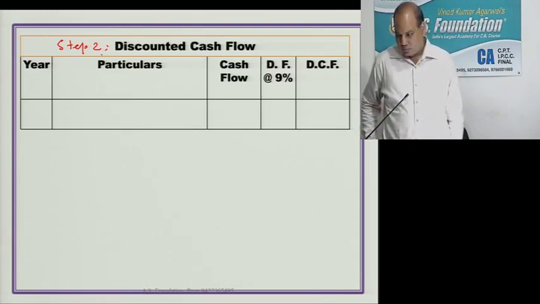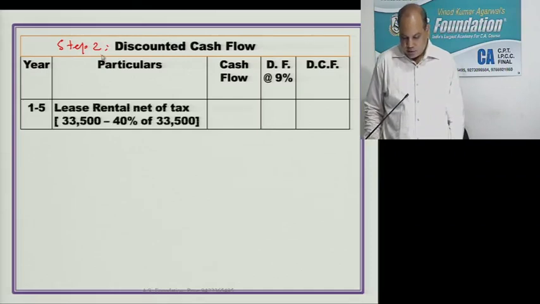Year, particulars, cash flows, discounting factor at 9%, discounted cash flow. Only one line.